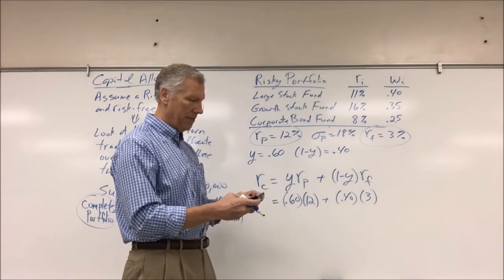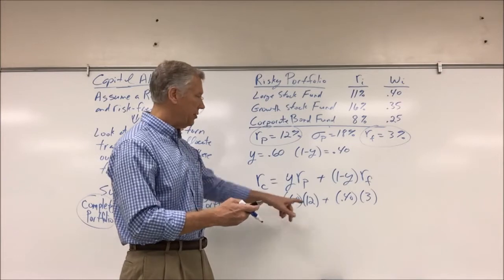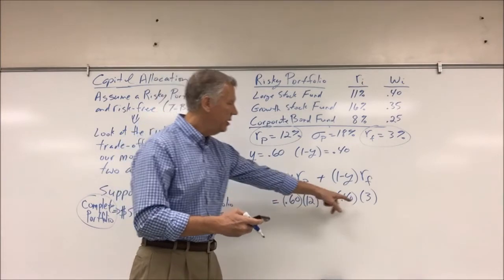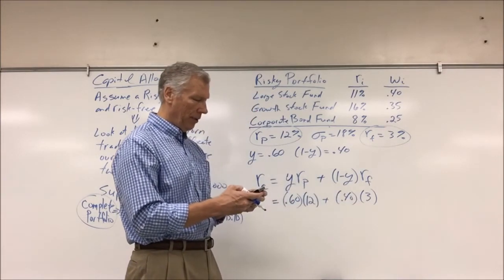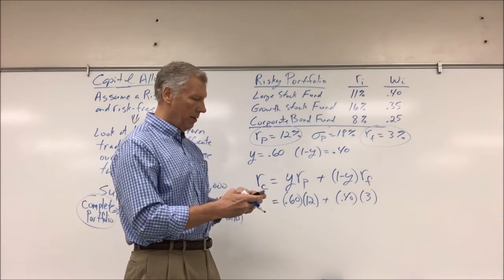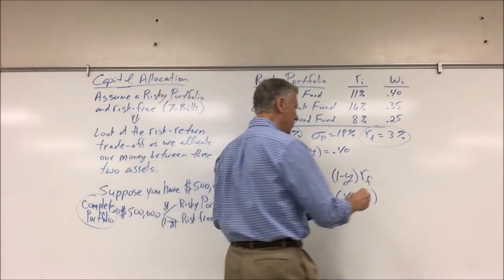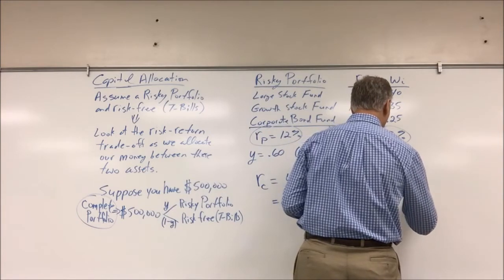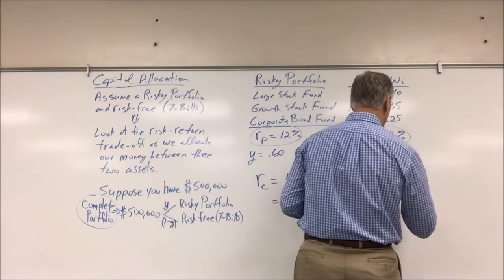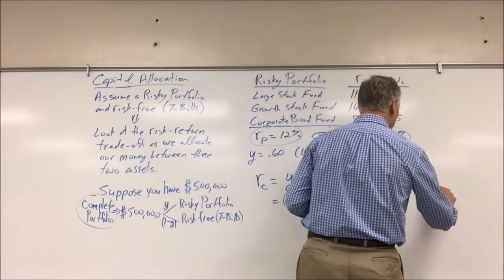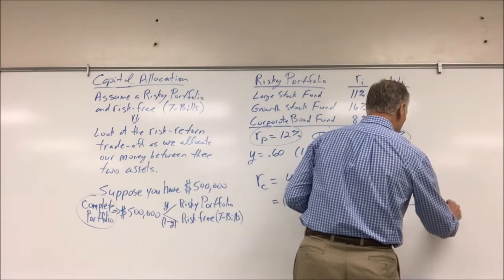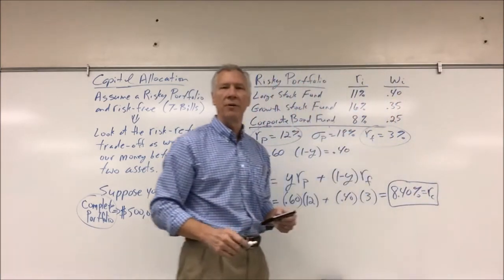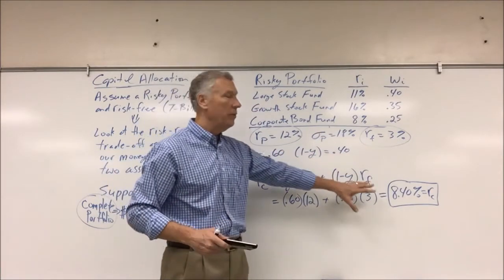So let's do the math. 0.6 times 12, 7.2, 0.4 times 3, 1.2. You add the two together, I come up with a rate of return of 8.4% for this RC. There's my expected rate of return off of my, what is this off of?